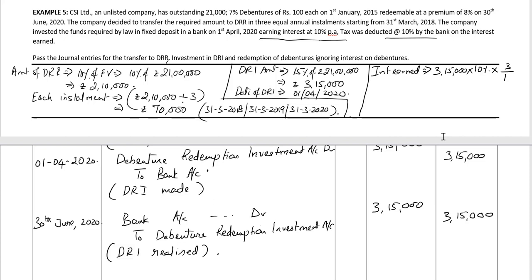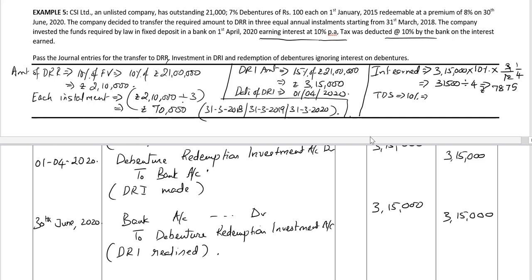So it's 3 divided by 12, or in other words 1 by 4. So it's 31,500 divided by 4, which comes up to 7,875 rupees is the total interest earned, and the TDS on this is 10%.